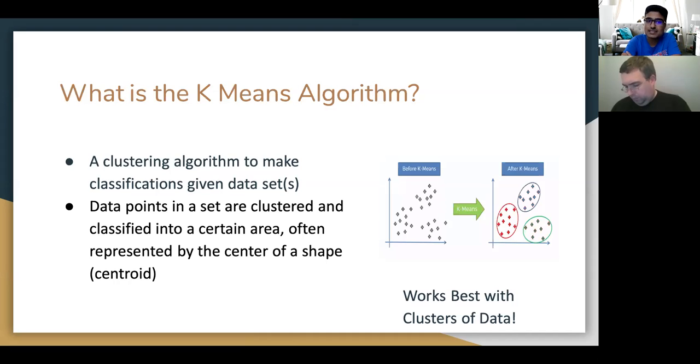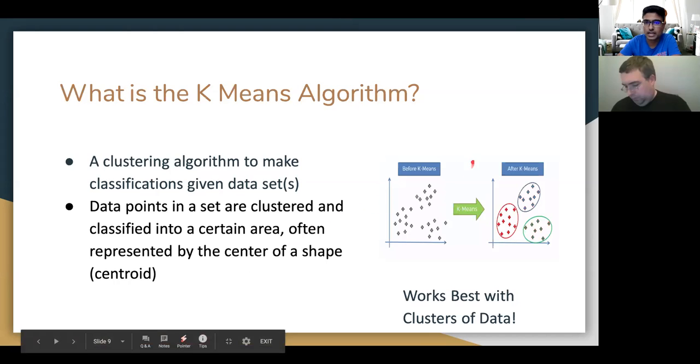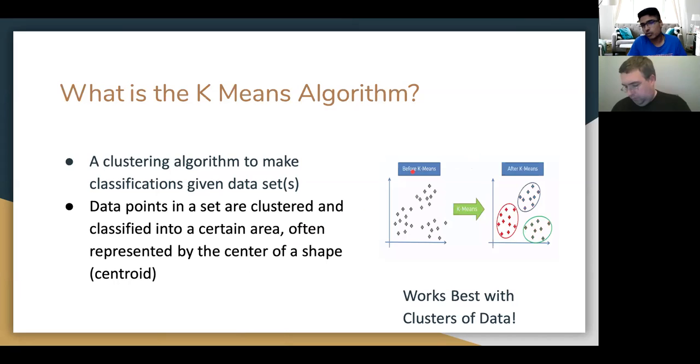The main thing which I want you to take away is that this k-means algorithm allows us to cluster data. If you look at this image I have towards the right here, we have this comparison showing us how data points look before and then after we implement this algorithm.